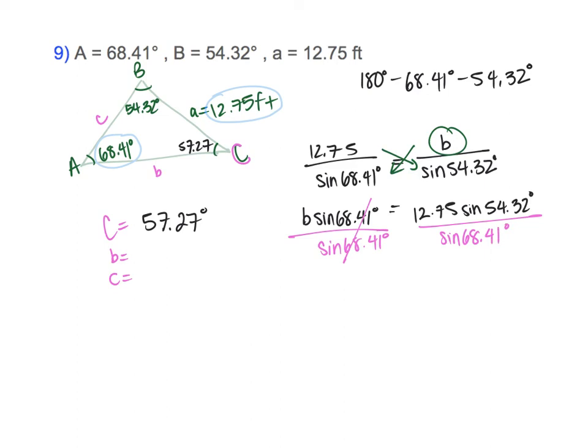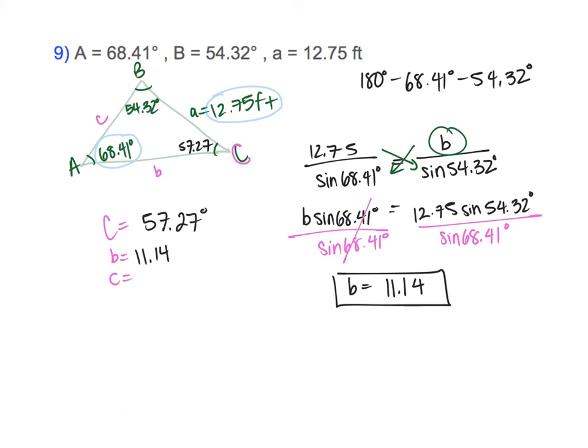So it looks like b here is equal to 12.75 times sine of 54.32 degrees divided by sine of 68.41, which is 11.14 if I round, for the length. So I got my b.